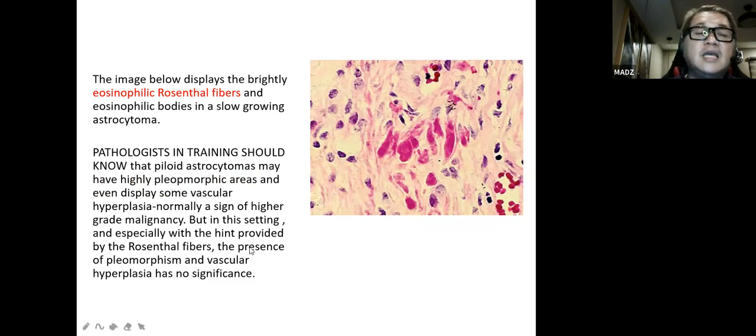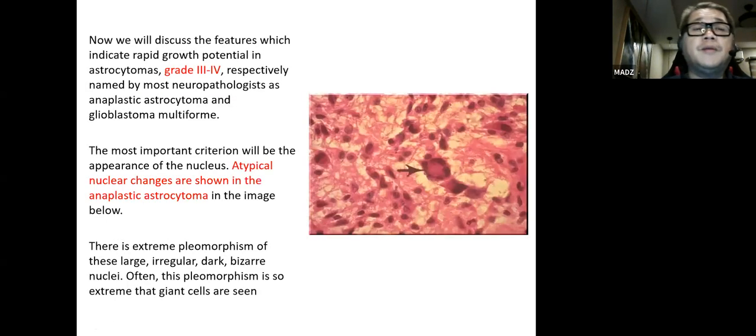But in this setting, and especially with the hint provided by the eosinophilic fibers, the presence of pleomorphism and vascular hyperplasia has no significance. So even if it is hypervascular, if you see this, most likely it is a slowly growing astrocytoma.